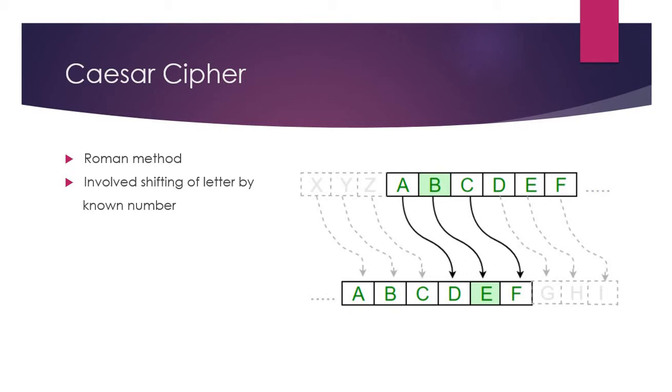So the sender of the message used to shift the letters by some known number of positions, and the receiver of the message used to shift it back, since he already knew the number of positions the letters were shifted. So he would shift it back to its original position.